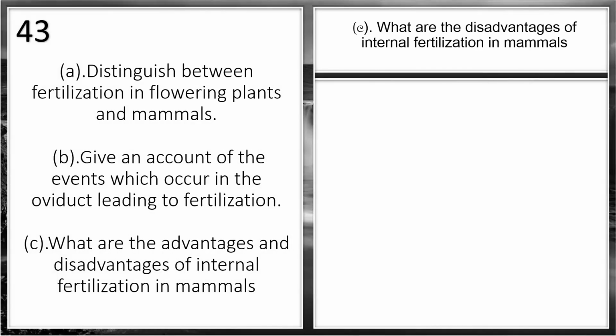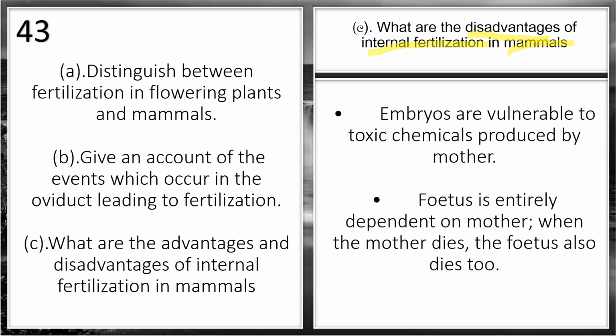Part C. What are the disadvantages of internal fertilization in mammals? Embryos are vulnerable to toxic chemicals produced by the mother. The fetus is entirely dependent on the mother.